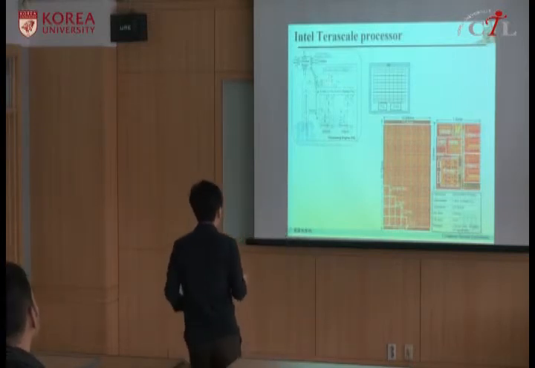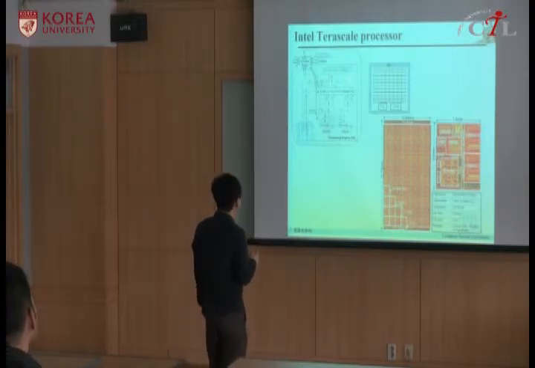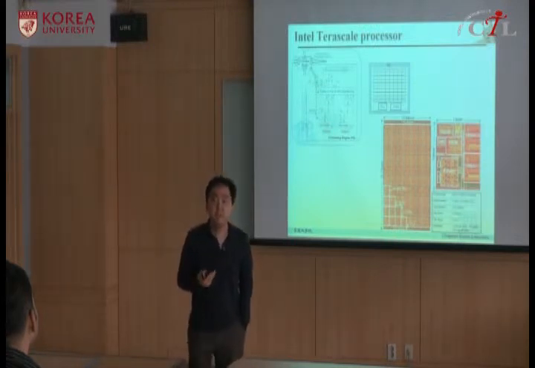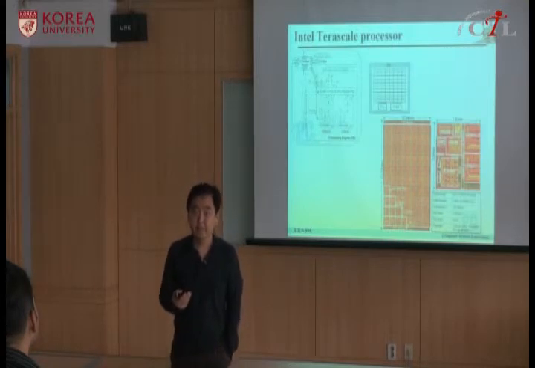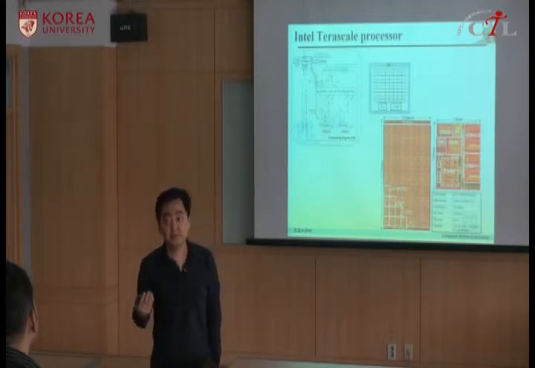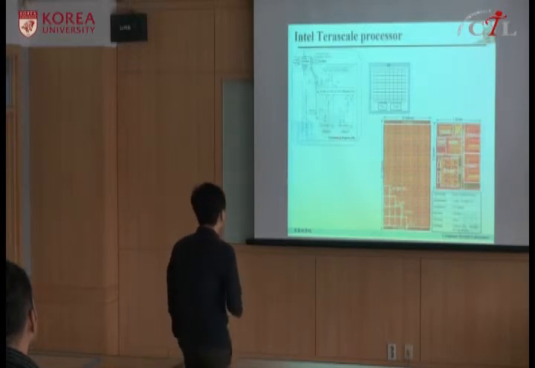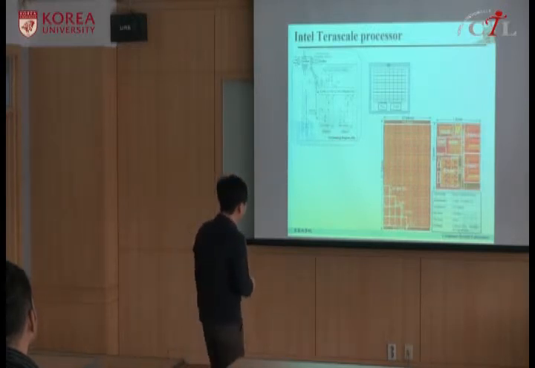And each processor has its own data memory and instruction memory, and the main functional units are floating point units called FMAC. FMAC means multiply and add. You can do multiply and add with a single FMAC. And they have two FMAC floating point units.